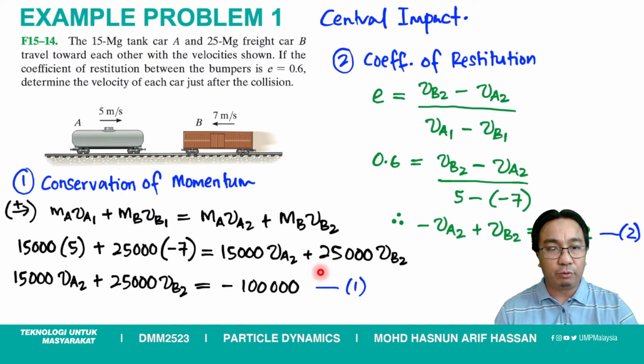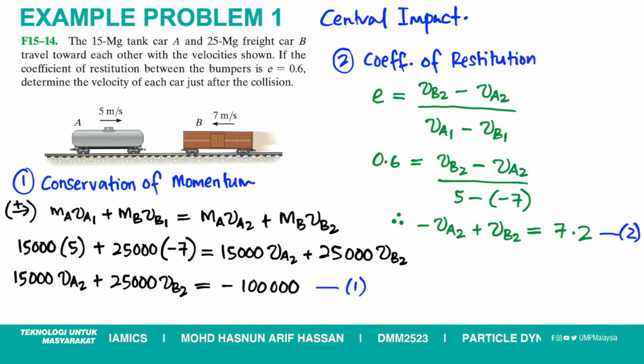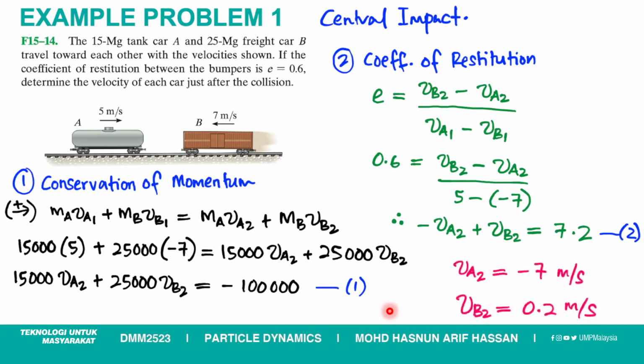Then you're going to have to use your calculator to solve this simultaneous equation. Okay, we can solve simultaneous equation using your calculator, and when we solve it, we get VA2 is equal to minus 7 meter per second, which means that after the impact, car A will travel backwards, in the negative direction.